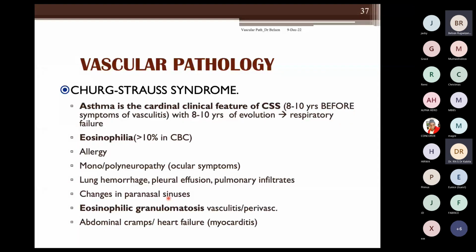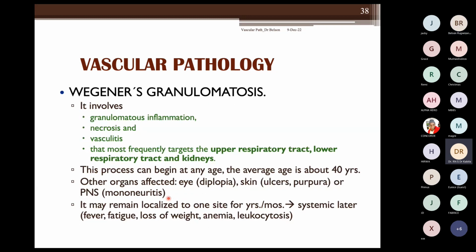We also considered Kimura disease, which also has eosinophilic aggregation. To check for parasitic infection, we did a special stain. It became negative, so it is not parasitic. So it can be Churg-Strauss syndrome, it can be Kimura disease, and so on. We will see probably next week. So having eosinophilic granulomatosis does not automatically mean it is Churg-Strauss syndrome. It can be any other disease which has the same features.